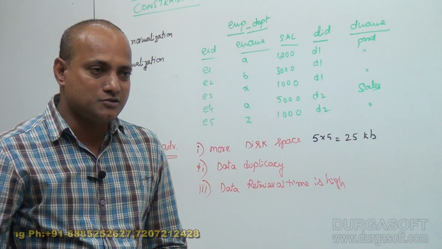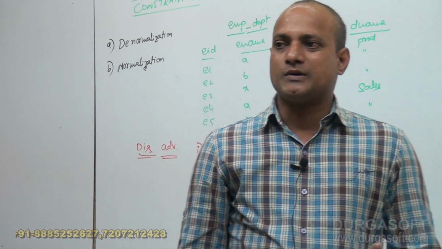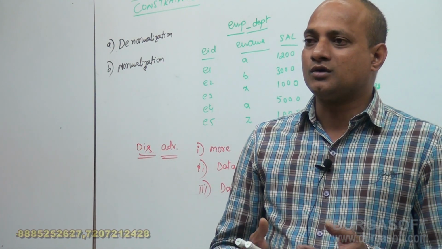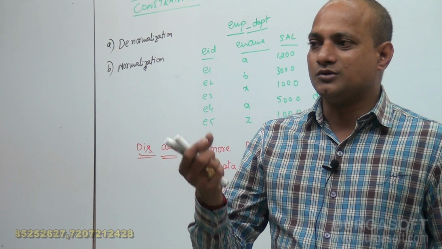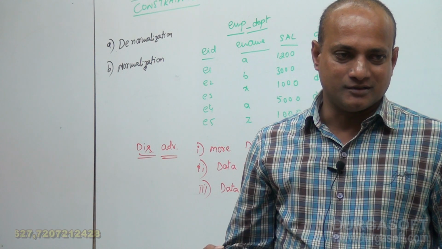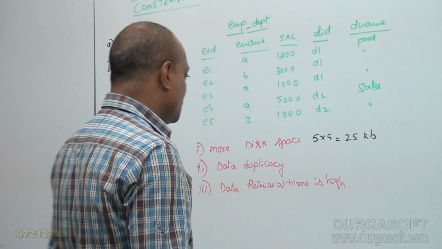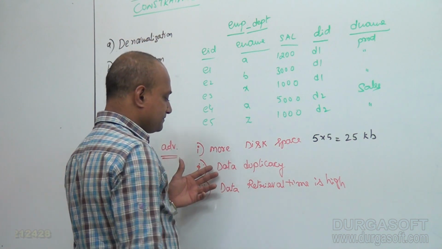Similarly, if 4,000 employees work under sales, 4,000 times you maintain the sales department information. So data duplicacy is very high.